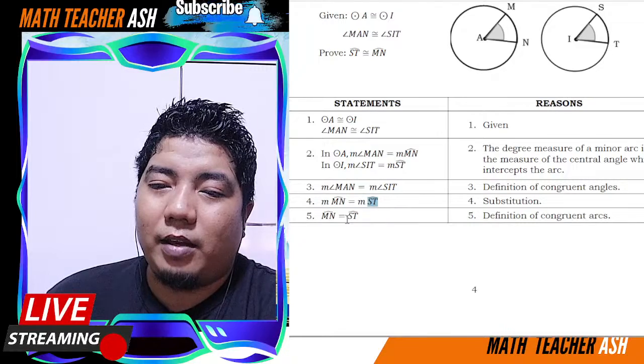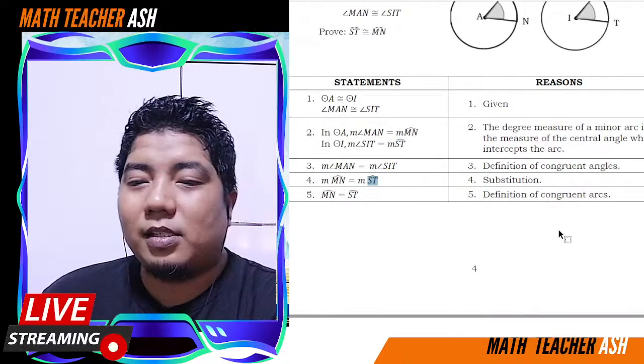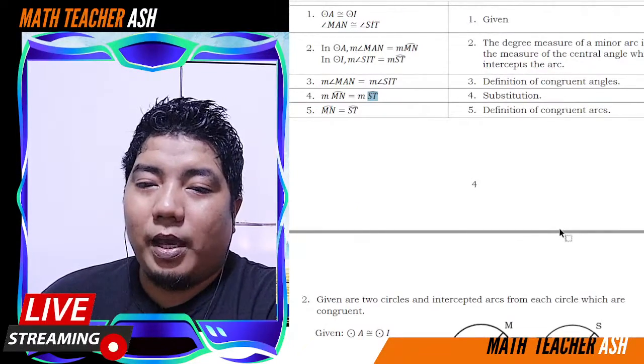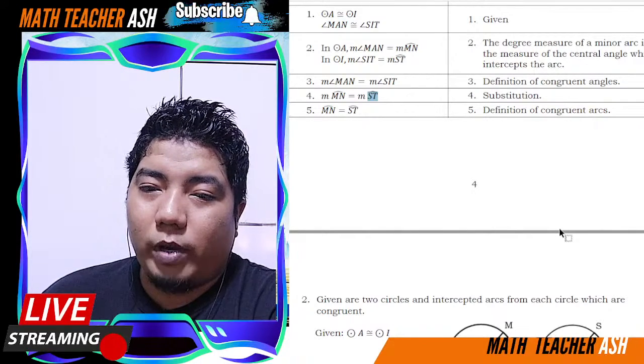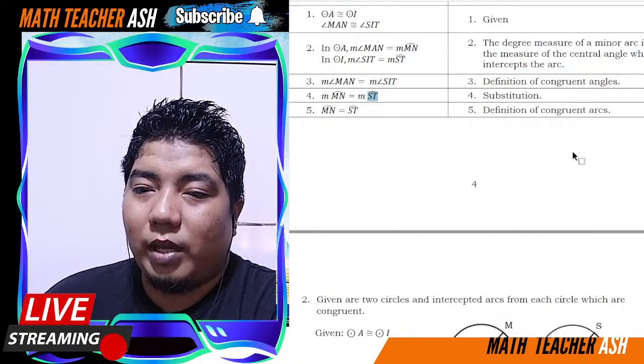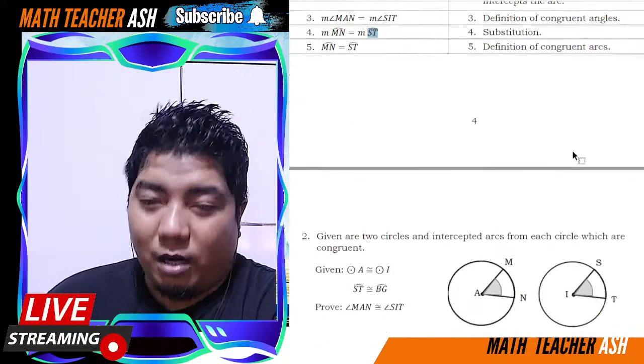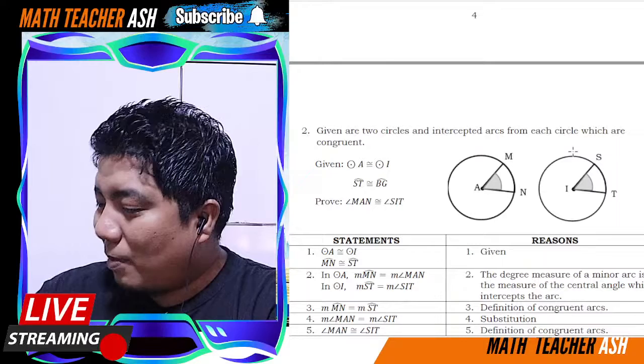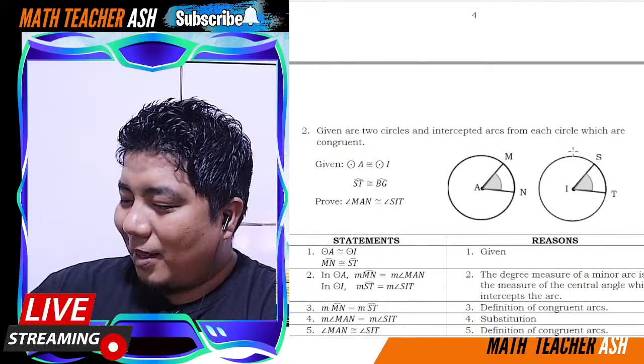Okay, and then the ending is we have MN is congruent or is equal to minor arc or arc ST. So we have definition of congruent arcs. Okay, so ganon lamang po kadali, my dear math learners.